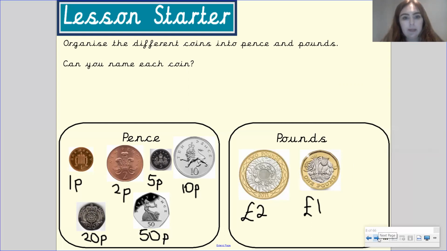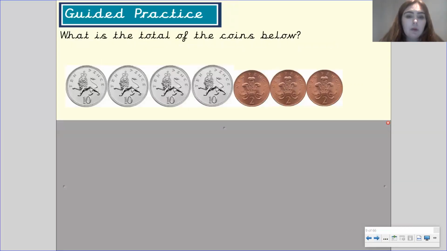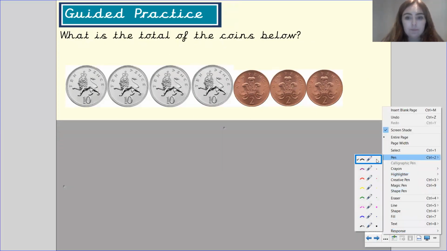Great work. Okay. Now what we're going to do is work out the total of the coins below. We've got some other questions underneath here, but we're going to focus on this one first. On your whiteboards or on a scrap piece of paper, try and work out the total of coins that we have here. So you need to add them all together. Pause the video to have a go.